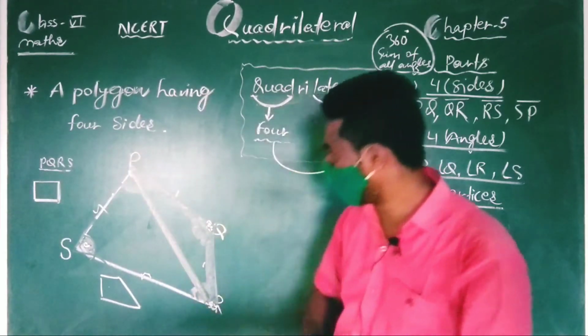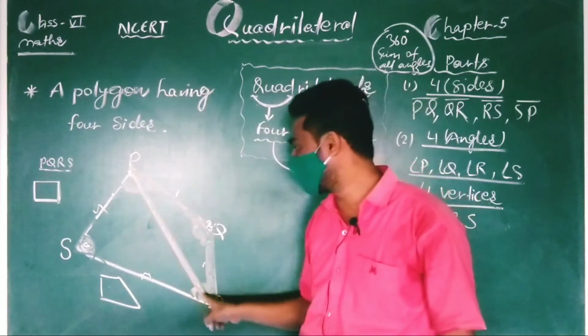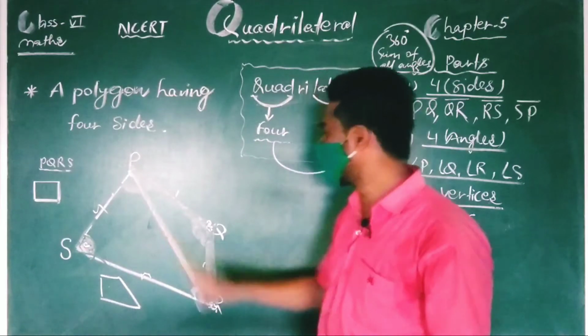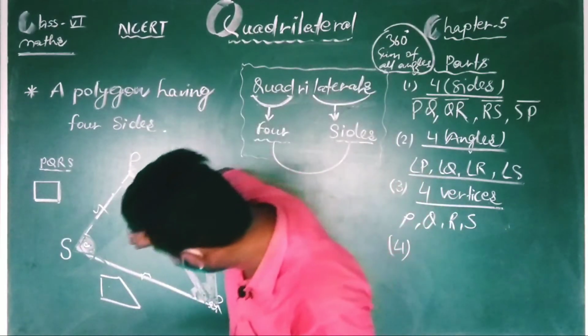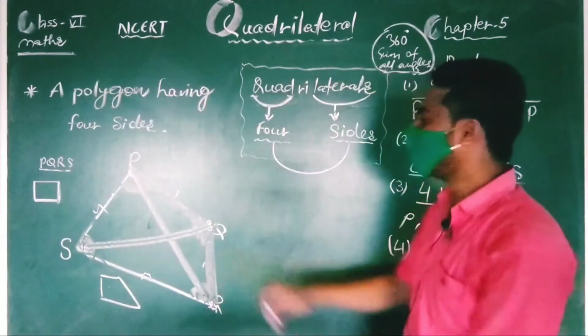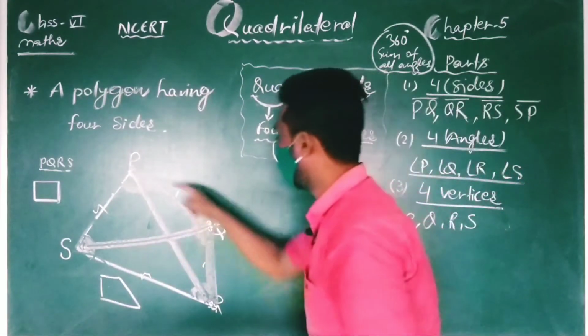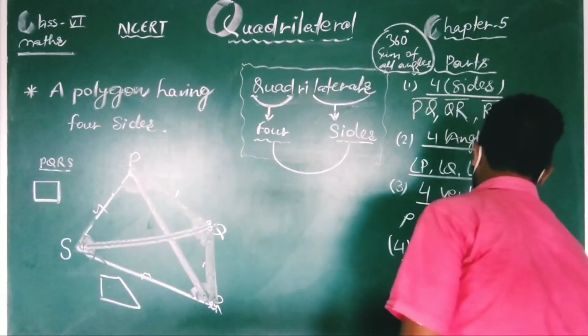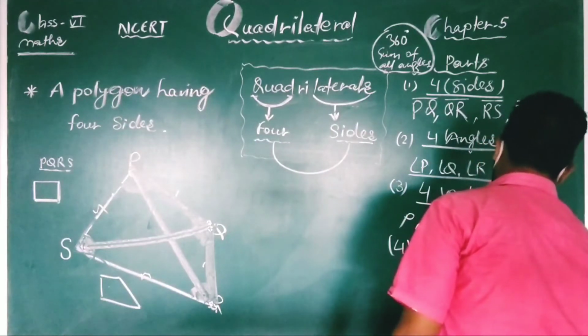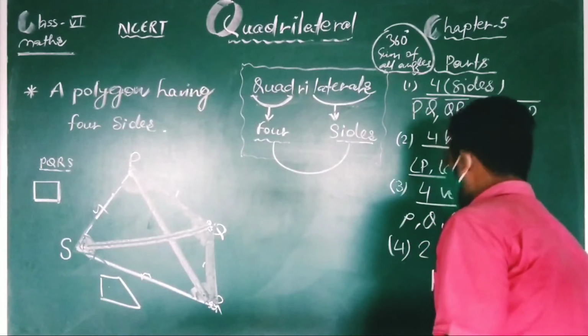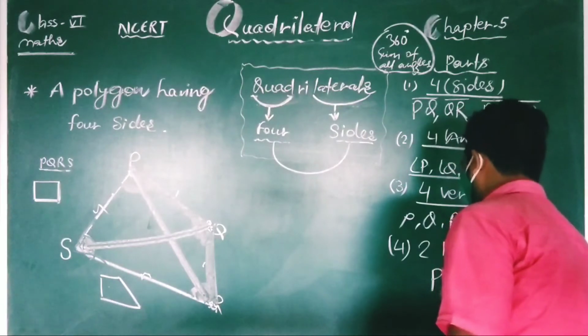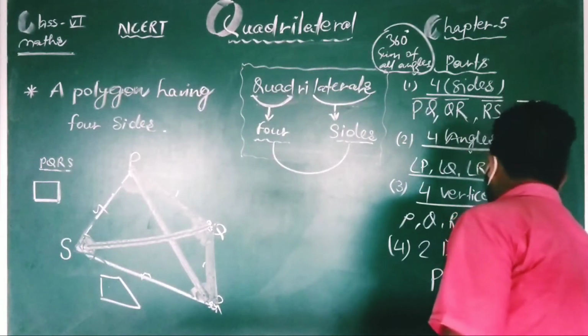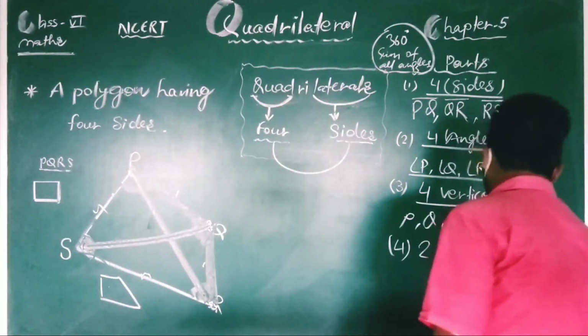So this is a line segment which joins 2 non-adjacent vertices. This is the first diagonal and this is your second diagonal. So SQ and PR: 2 diagonals are there, and the names of the diagonals are PR and SQ.